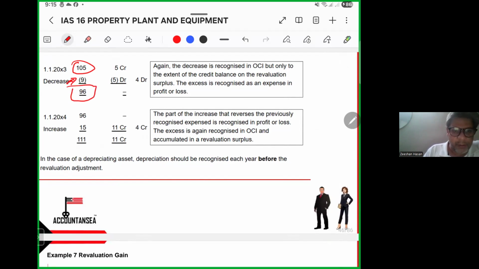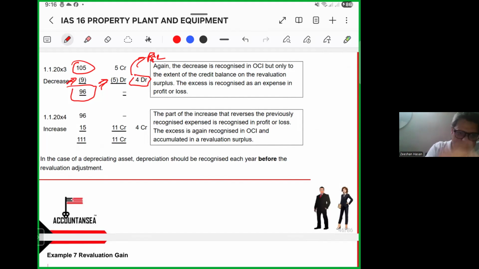So what we will do, we will write off the remaining 5 from the revaluation surplus, and the other 4 will be expensed into the profit and loss account. So again, the decrease is recognized in OCI, but only to the extent of the credit balance on the revaluation surplus. The excess is recognized as an expense in profit or loss.